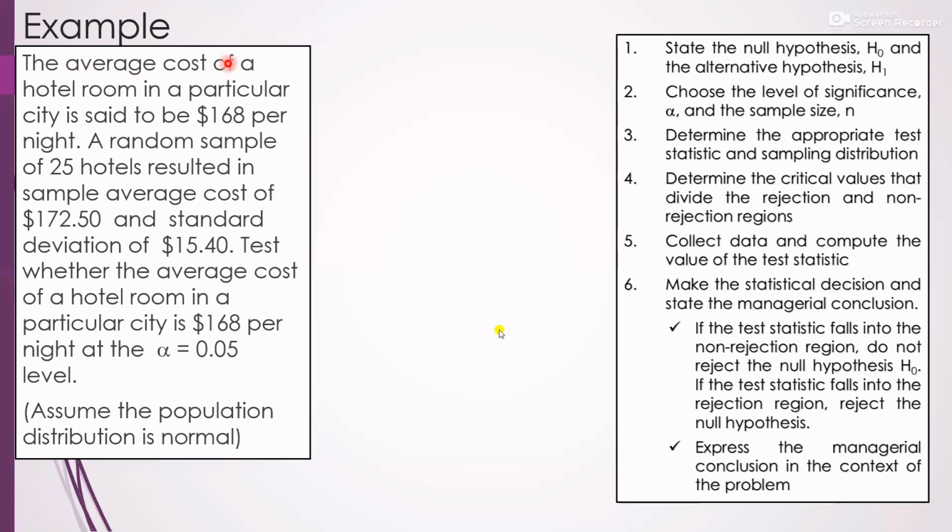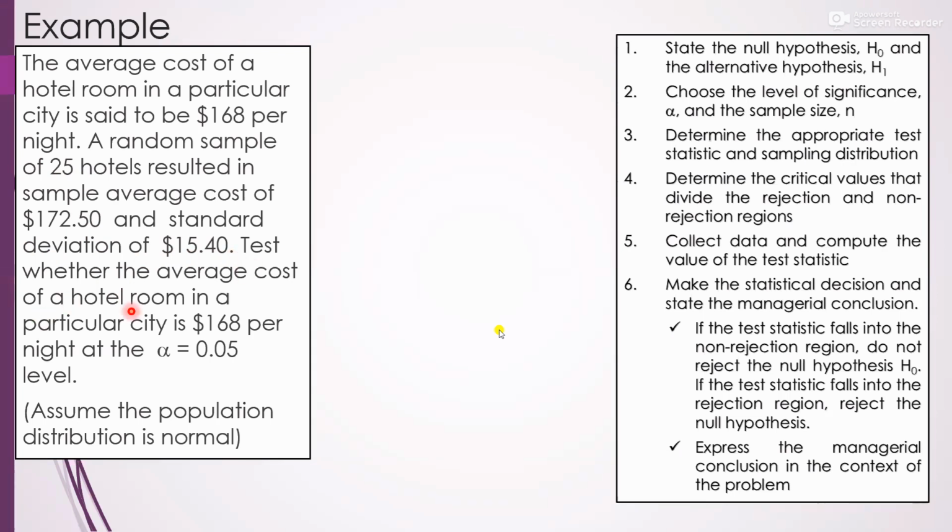It's the average cost. So the first statement indicates our parameter will be the mean. The average cost of a hotel room in a particular city is said to be $168 per night. A random sample of 25 hotels resulted in a sample average cost of 172.50 and the standard deviation is $15.40.